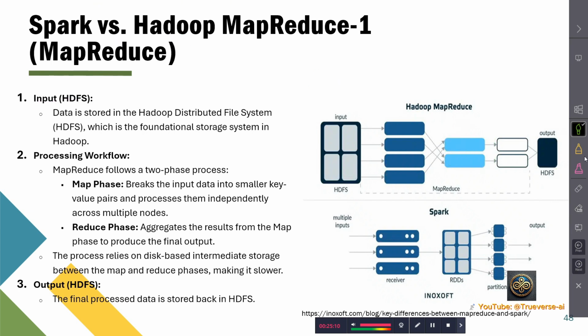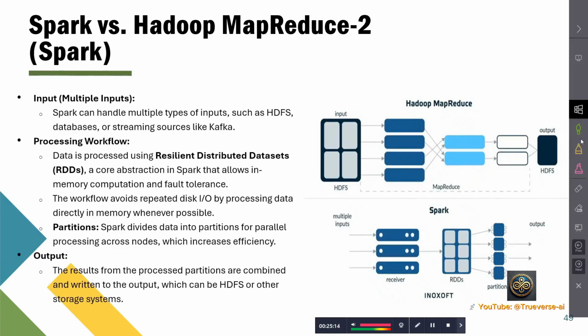So this is the structure of MapReduce. Now let's see Spark. For Spark, input is multiple input. It is not only HDFS. It can be, but it can be another, like streaming data, like Kafka, like an Excel file, or any other format. So in Spark there are multiple receivers, but in Hadoop only HDFS input. And the processing uses the RDD, resilient distributed dataset, which we will talk about.